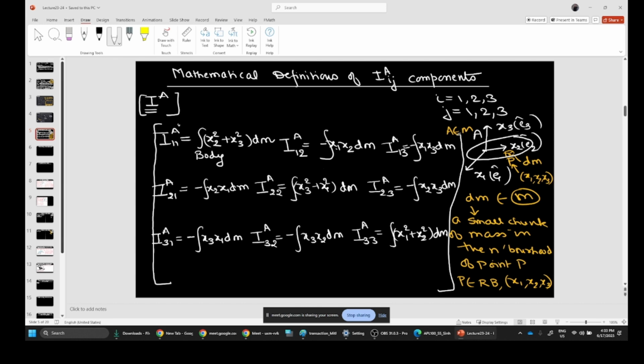The SI units of all these scalar components is going to be kg meter square.